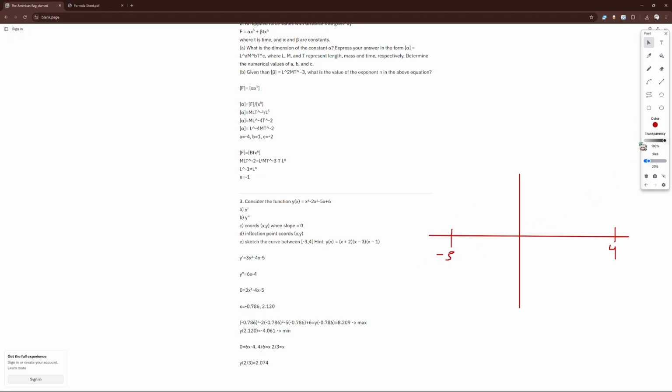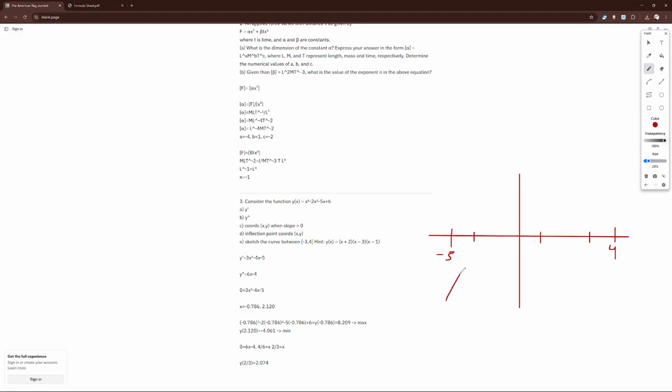You're also going to need to plug in the values like -3 and 4, and 0 to get your x and y intercept. I'm not gonna show those calculations. That's kind of a waste of time. Also, using the hint, you can see where all the zeros are. So there's a 0 at -2, a 0 at +3, and a 0 at 1. That's what the hint is.